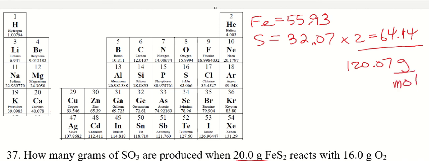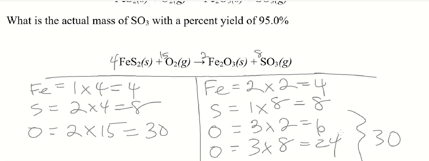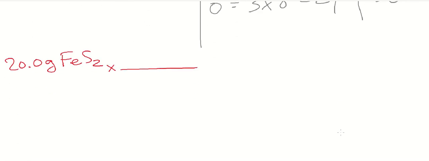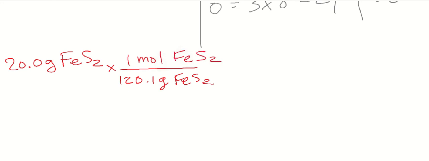Just going to round that to 120.1 is the molar mass of iron disulfide. Sorry, can't round it there. Grams per 1 mole. If we had Avogadro's amount of this compound, it would have a mass of 120 grams.